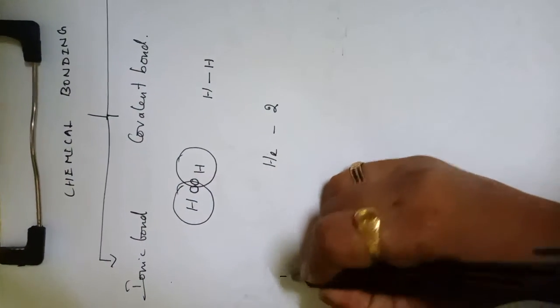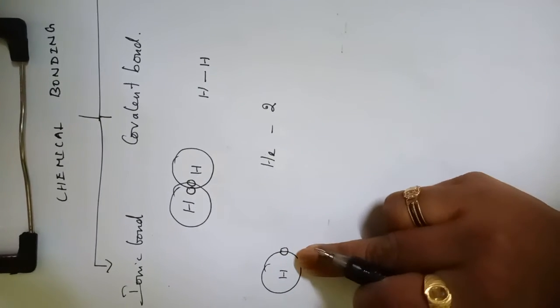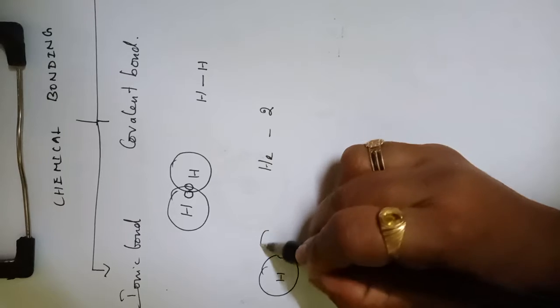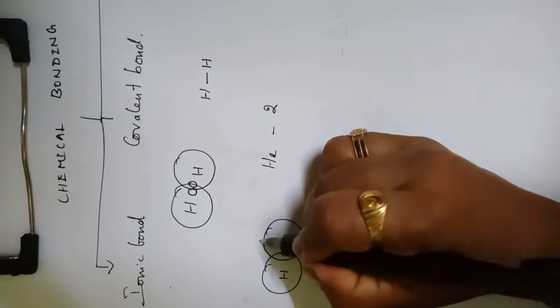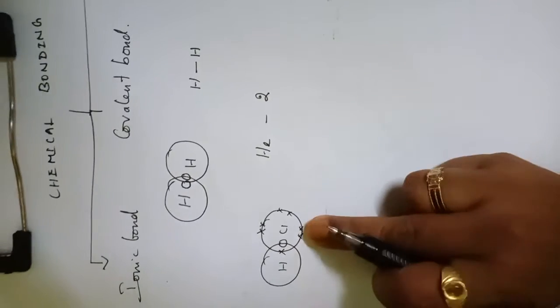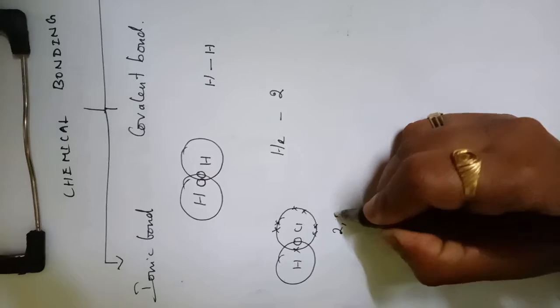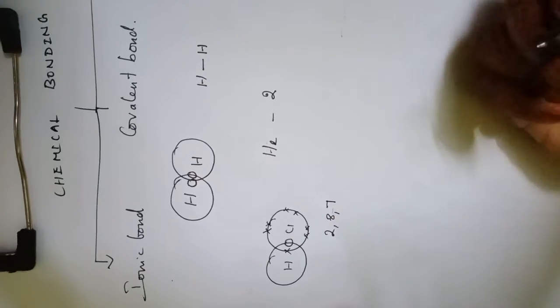So single bond. If the bonding is between hydrogen and chlorine, hydrogen has one electron in the outermost shell and chlorine has 7 electrons in the outermost shell. So chlorine needs one more to become octet, because chlorine's electronic configuration is 2, 8, 7.